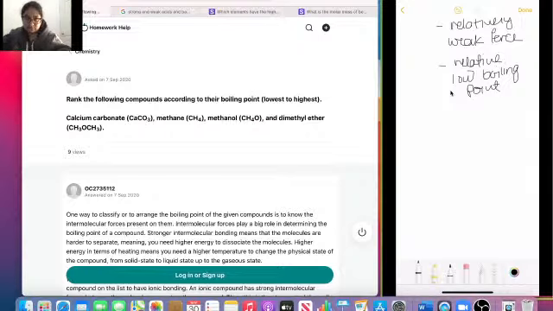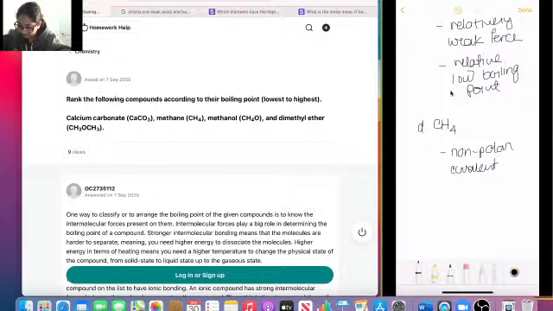We can now look at methane, right? So CH4. We can basically say that this doesn't have any hydrogen bonding, right? So this is a non-polar covalent bond.